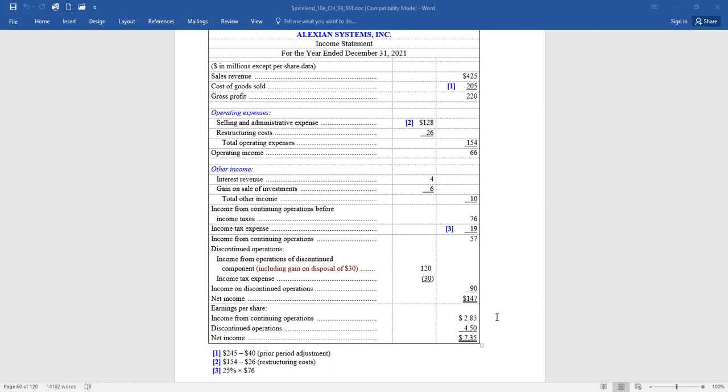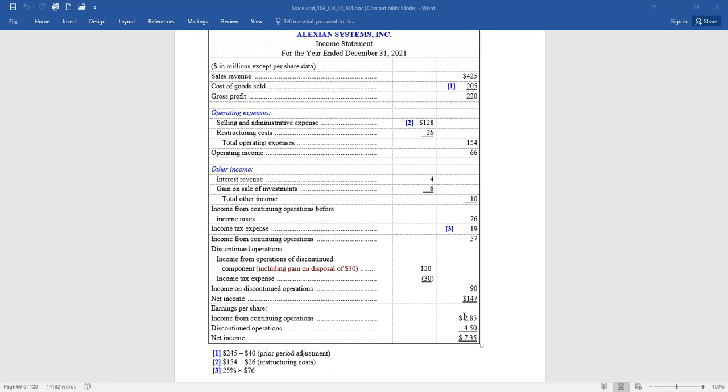So we will take the income from continuing operations of 57. There are no preferred dividends, and divide it by the 20 million shares of stock they told us. So 57 divided by 20 gives us $2.85, because that's in millions there.